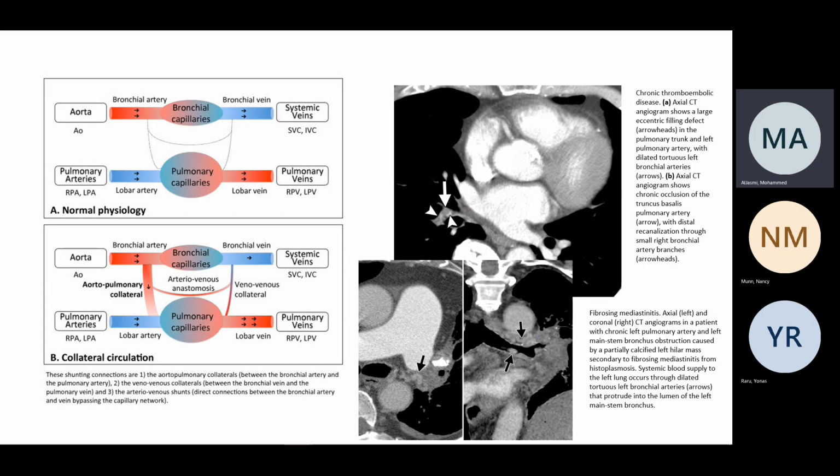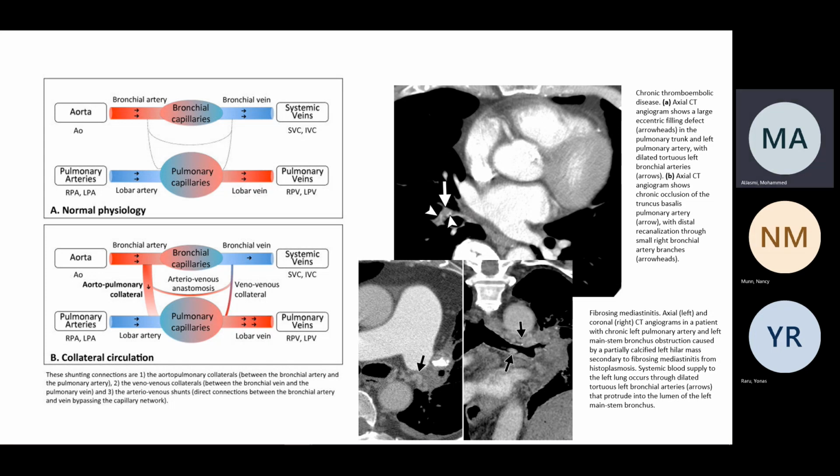So, what is the importance of bronchial arteries? Why do they exist? They exist because when we have an obstruction of pulmonary arteries, for example, these bronchial vessels actually work as a shunt of the blood to feed the parenchyma.